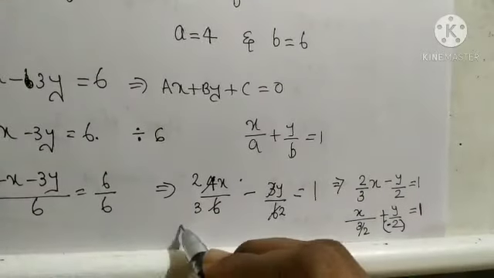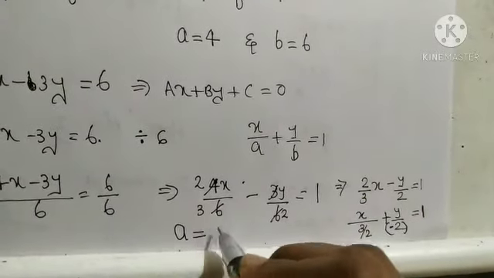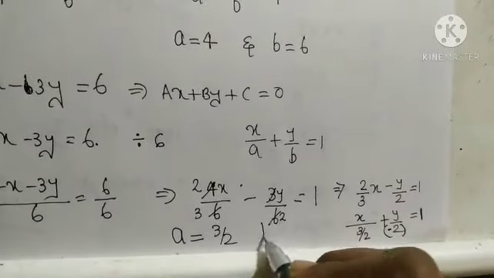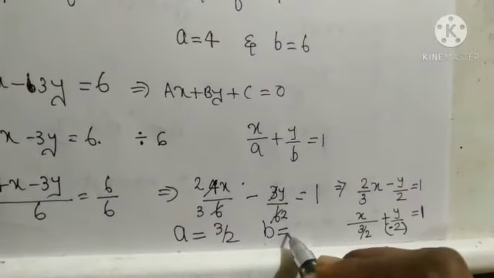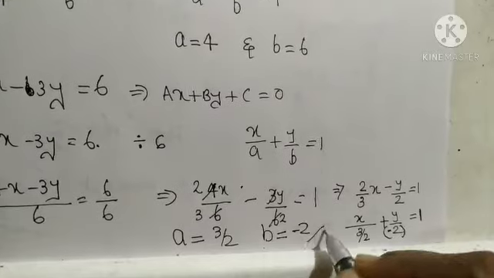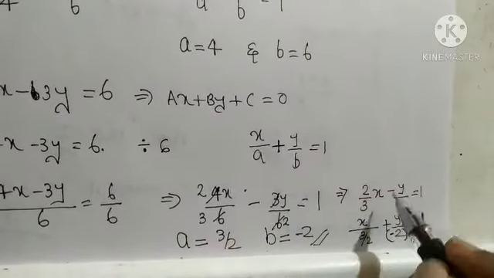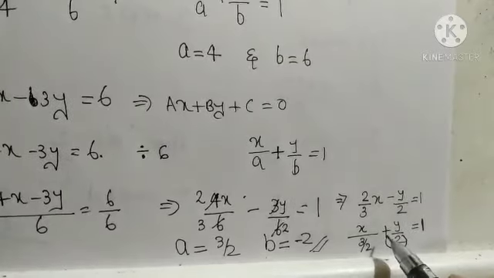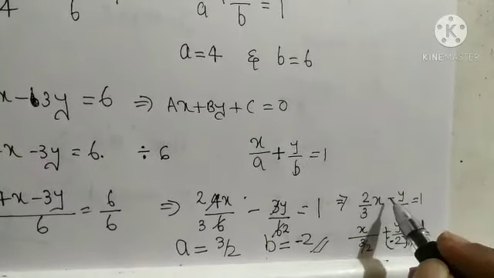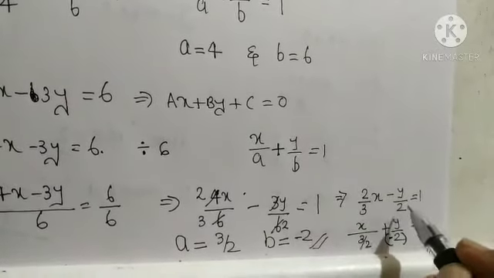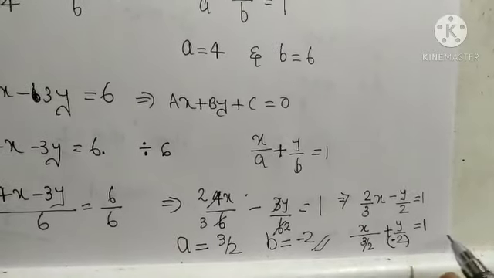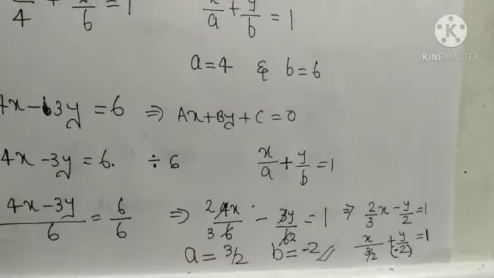So here we get x-intercept a equal to 3 by 2 and y-intercept b equal to minus 2. So note that here it is always plus. So convert this minus to plus by taking this minus to the denominator of y. Okay. I hope you understood this question.